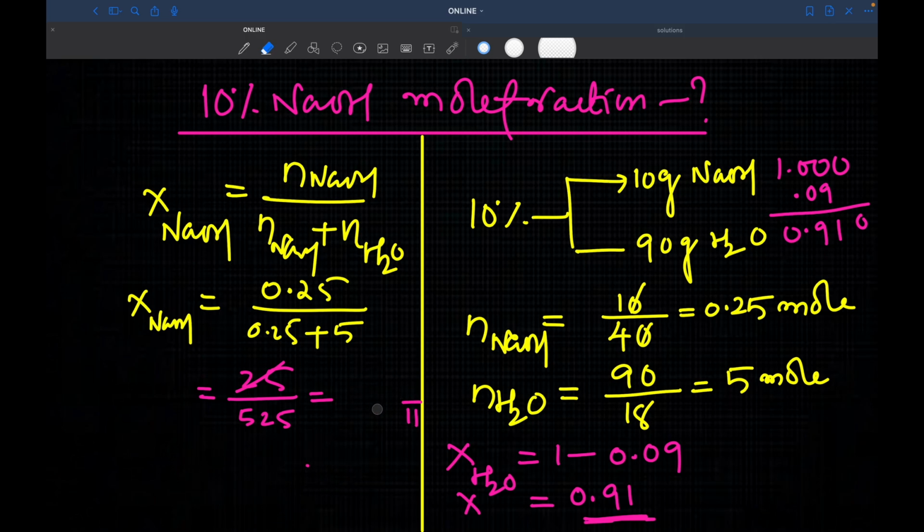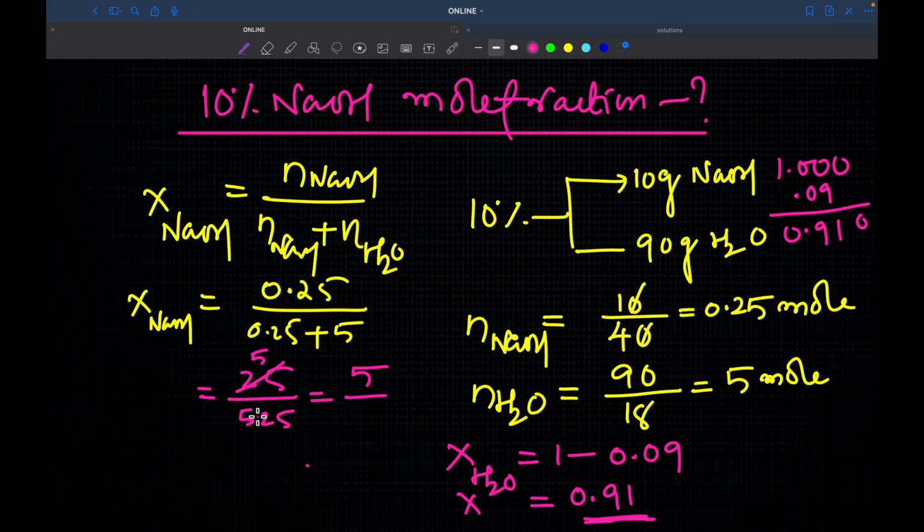It's 25 by 525, correct? 5 goes 5 times, so we have taken 105. Again you can divide by 5, and we get 21.